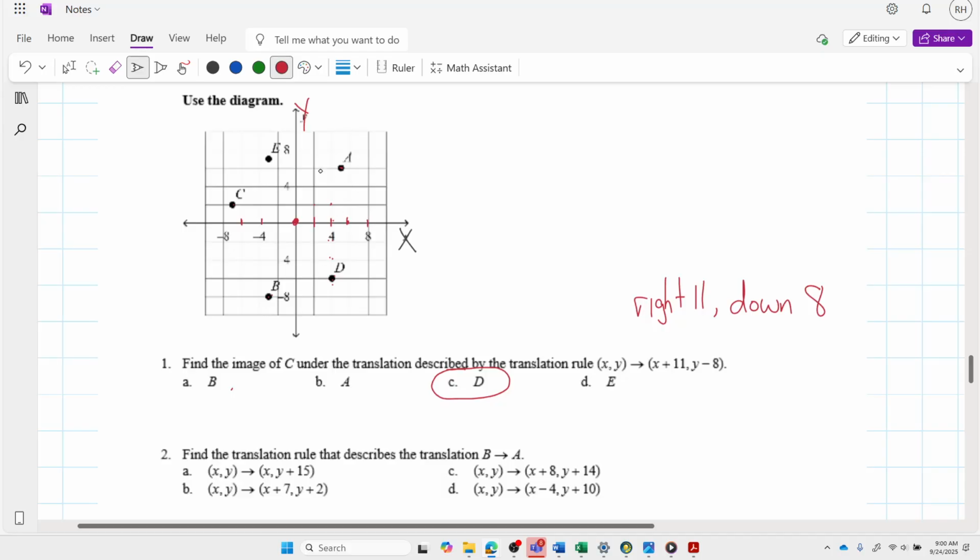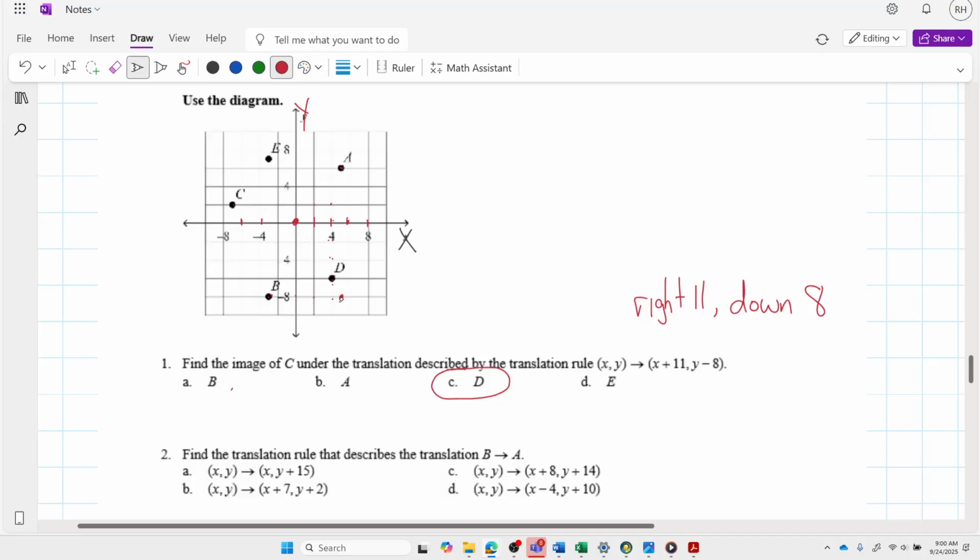So we've got to get over to A, which is at 5 on the x-axis. So from -3, we've got to go 3 units to get back to the y-axis. So 3, and then we go 5, and then 7, and then 1 more unit is going to be 8.